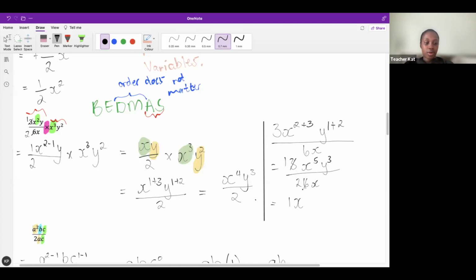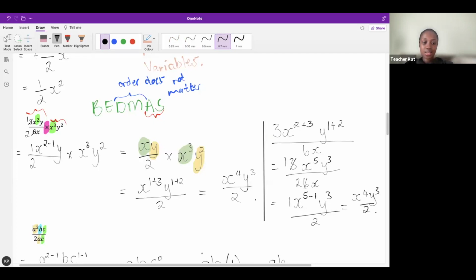Should I show you guys where my x's are? There we go. Thank you very much, Mutlali. 5 minus 1. Y doesn't have a friend, so it's just y cubed all over 2. Okay. That means this is going to be x to the power of 4, y cubed over 2.